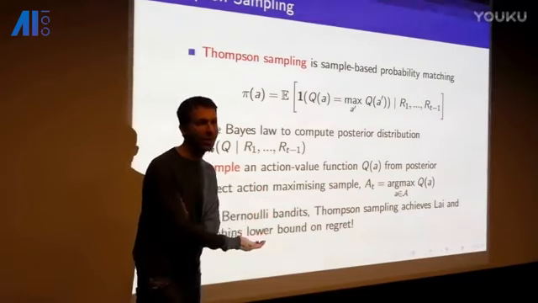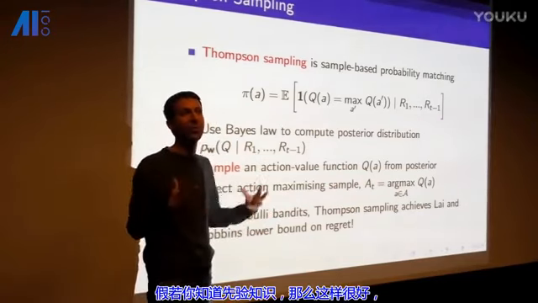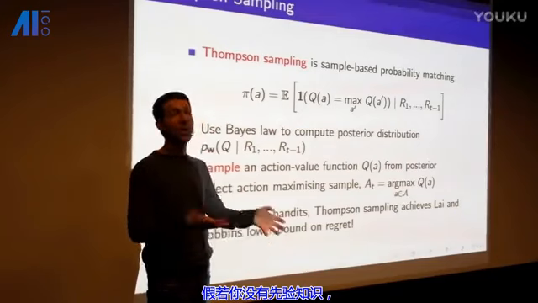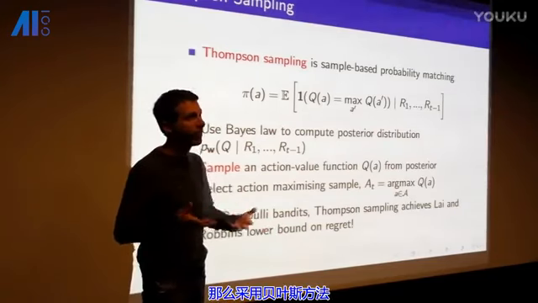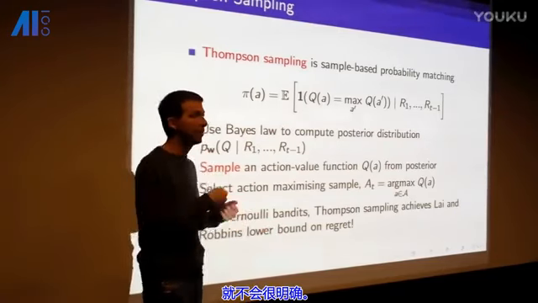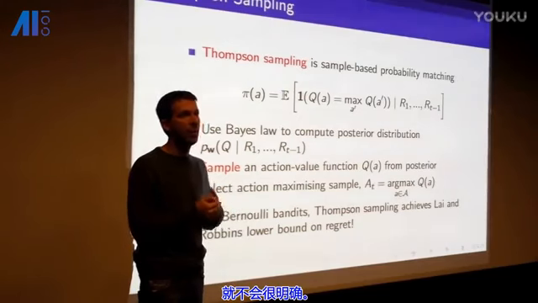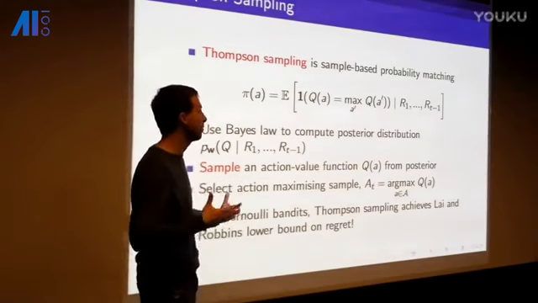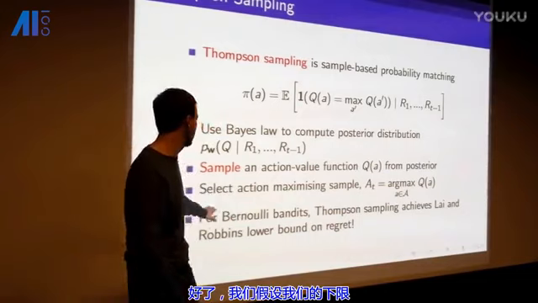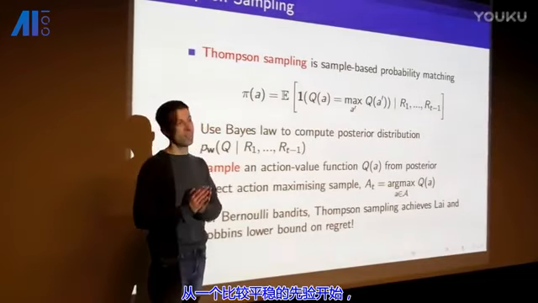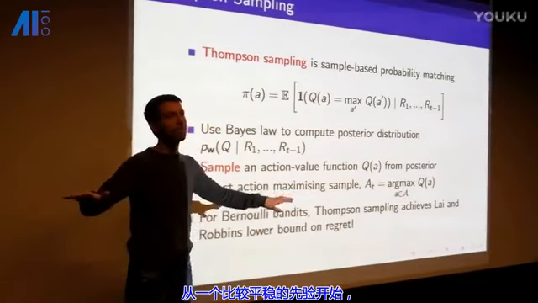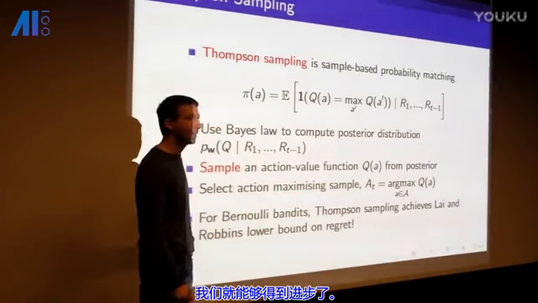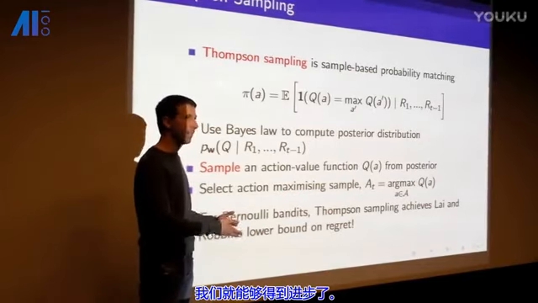So if you have some magical source of prior knowledge, great. If you don't have a magical source of prior knowledge, it's not so clear that you want to take a Bayesian approach, at least in terms of the prior you put in. I mean, what's nice about this is, okay, this lower bound starts off by assuming like a flat prior. So if you just use a flat prior for the Bernoulli bandit, then you can make progress.